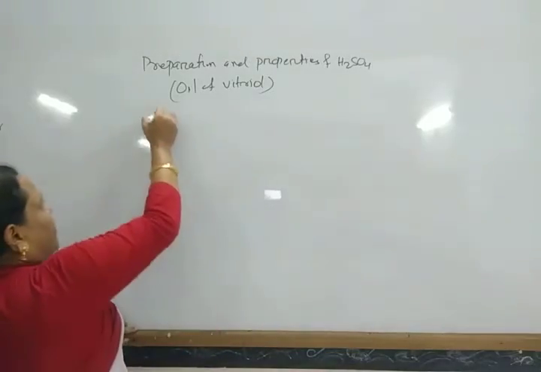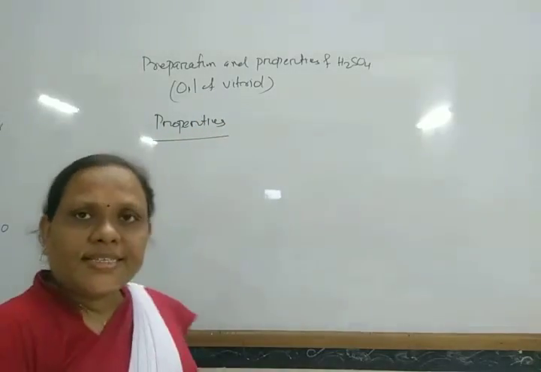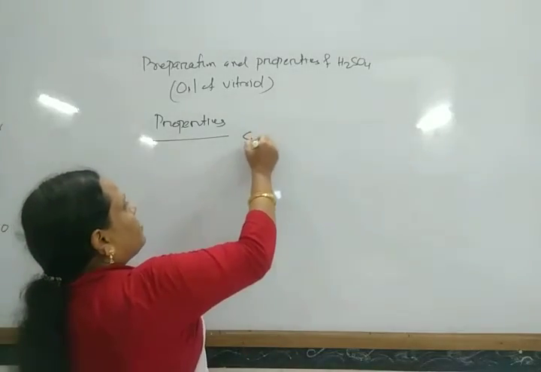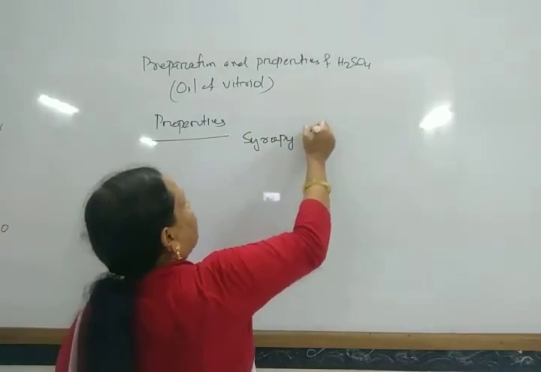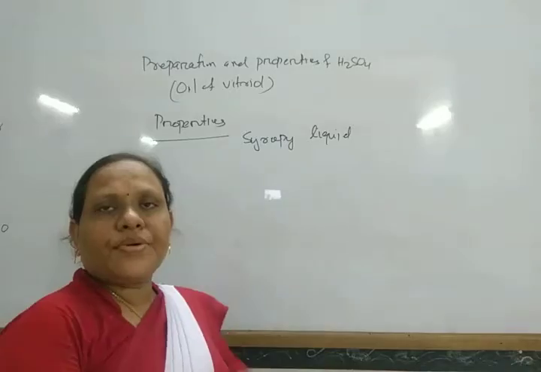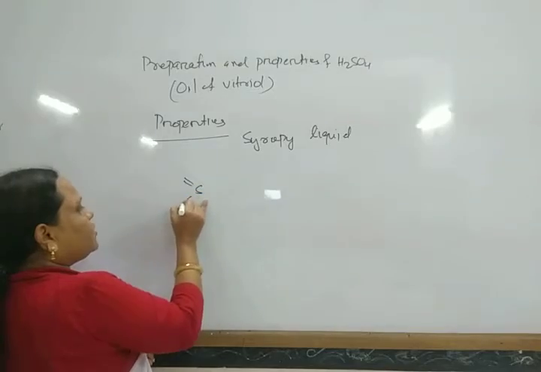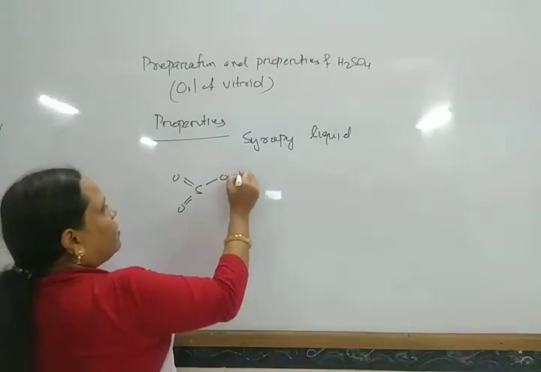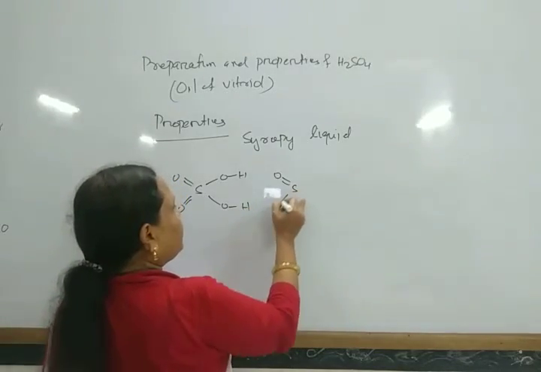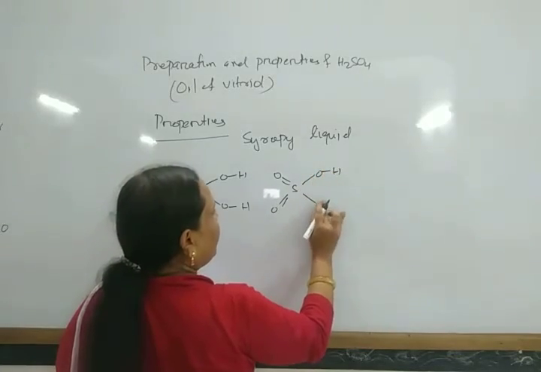Next come to properties. Sulfuric acid is corrosive in nature and it is a syrupy liquid. It is a viscous, syrupy liquid because it can form intermolecular hydrogen bonds with each other.